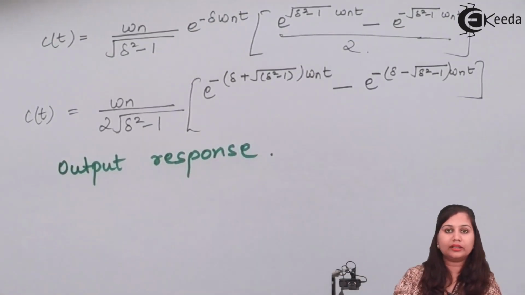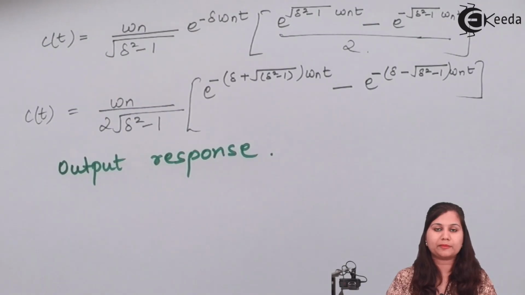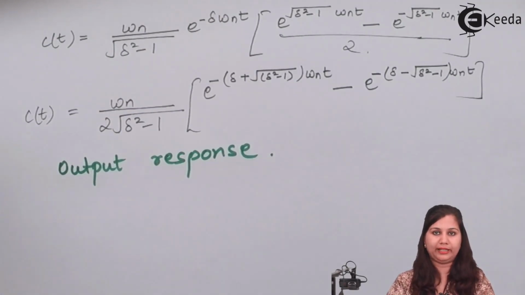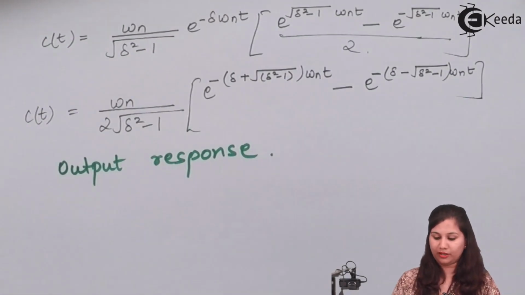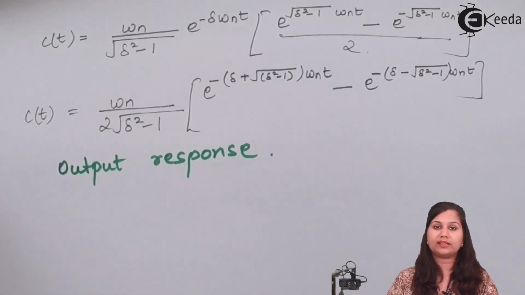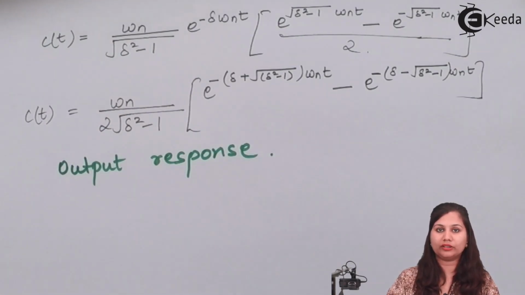So we have got the equations for the output response for different values of del. First we took the condition del less than 1, then del greater than 1, and then del equals to 1. The three conditions we have taken. In this video, we studied the time response analysis of a second order control system when the input is unit impulse function.